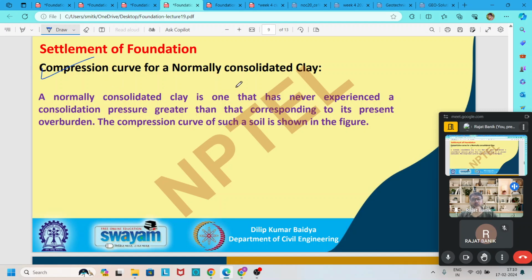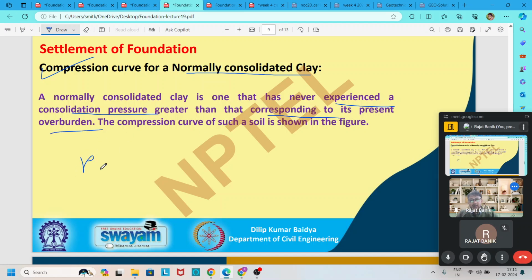Now we know that consolidation is divided into two, that is normally consolidated and over consolidated. The term normally consolidated comes with normally consolidated clay. It is said that a normally consolidated clay is one which has never experienced a consolidation pressure greater than the overburden pressure.